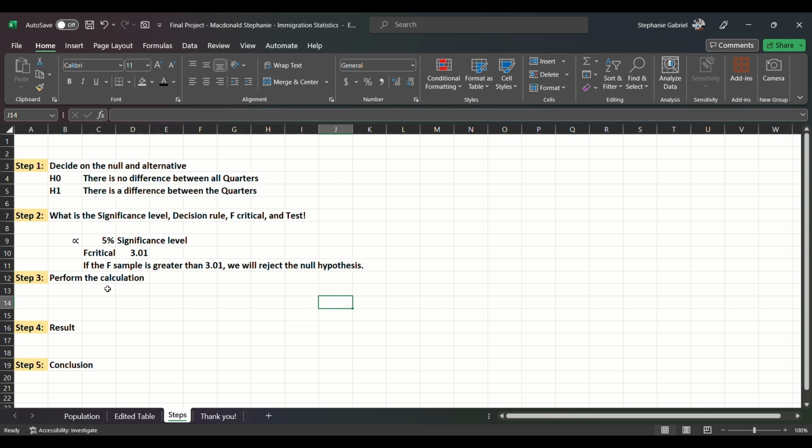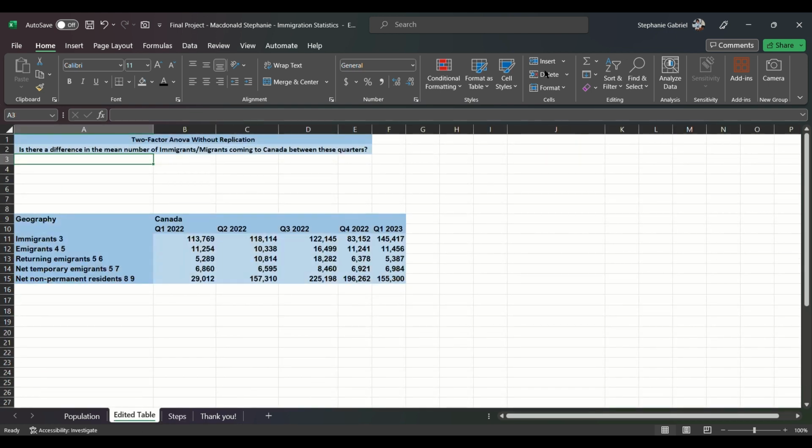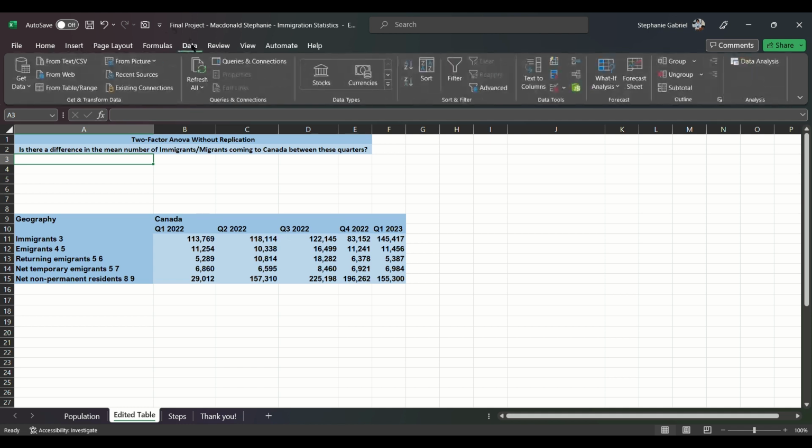Now, because I do love Excel, I am going to go to Data, then Data Analysis, and select the ANOVA two-factor without replication. I previously attempted this just to make sure I get what I want.